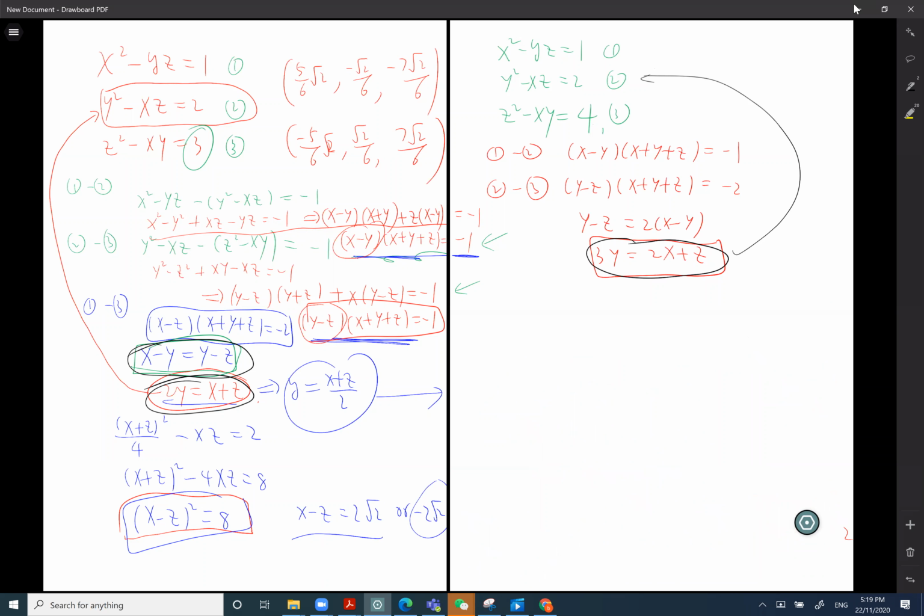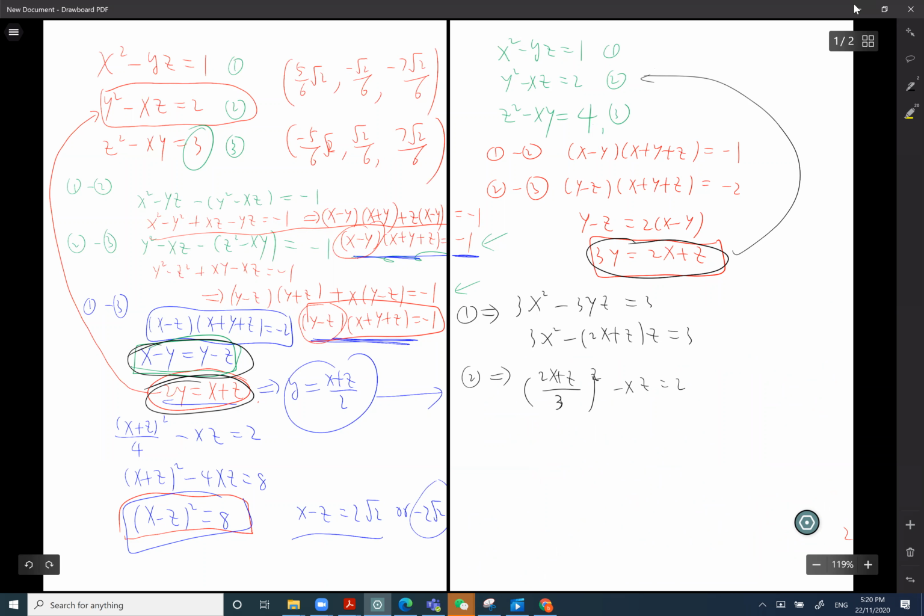If you simplify the first one, we prefer 3, so 3yz equals 3. 3x squared minus 3y, just 2x plus z times z, equals 3. That's the first one, just converted, because we got 3y. The second one changes to 2x plus z over 3 squared minus xz equals 2. Again, we just make y the subject. The third one, z squared minus x.